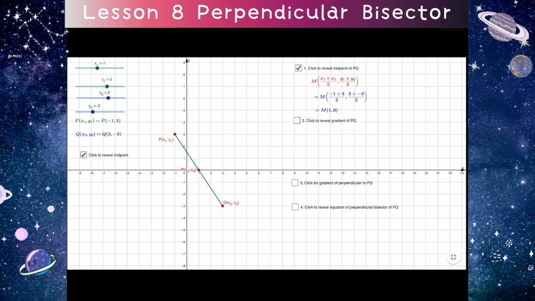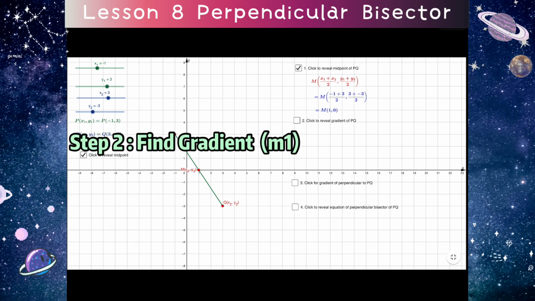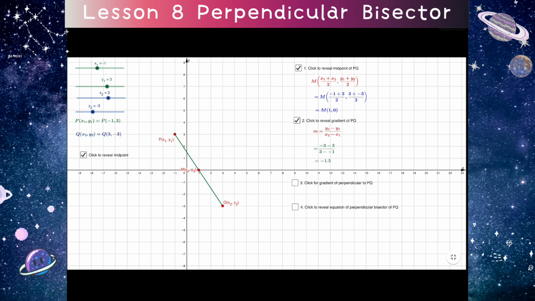After we find the midpoint, we know that the line that cuts this PQ must pass through this midpoint. To find the equation, we need y equals mx plus c, so we need the gradient. We find the gradient of PQ first, using y2 minus y1 over x2 minus x1.